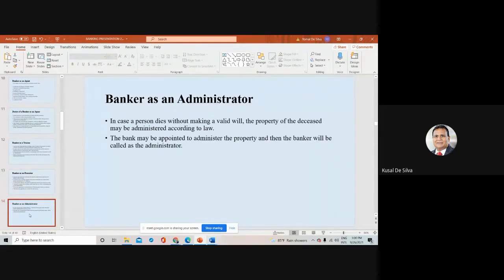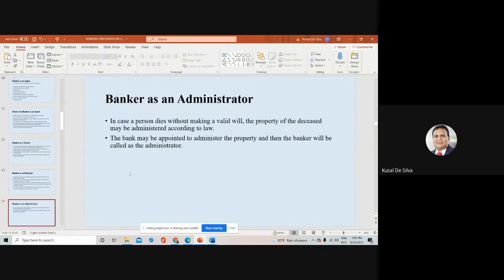In case a person dies without making a valid will, the property of the deceased may be administered according to the law. The bank may be appointed to administer the property, and then the bank will be called the administrator.